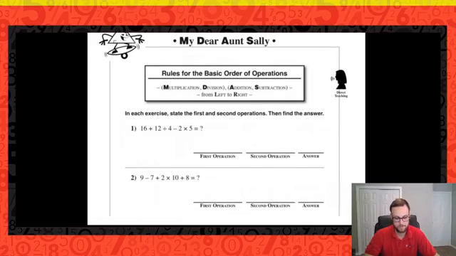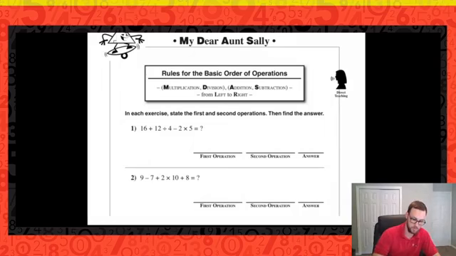And we're going to do that from left to right. So the way that you can remember this is My Dear Aunt Sally. Multiplication, division, addition, subtraction. Okay? If you've done order of operations in school, you might have heard a little bit of a longer phrase, and we'll get to that in tomorrow's lesson. So for today, we're only going to worry about multiplication, division, addition, and subtraction.